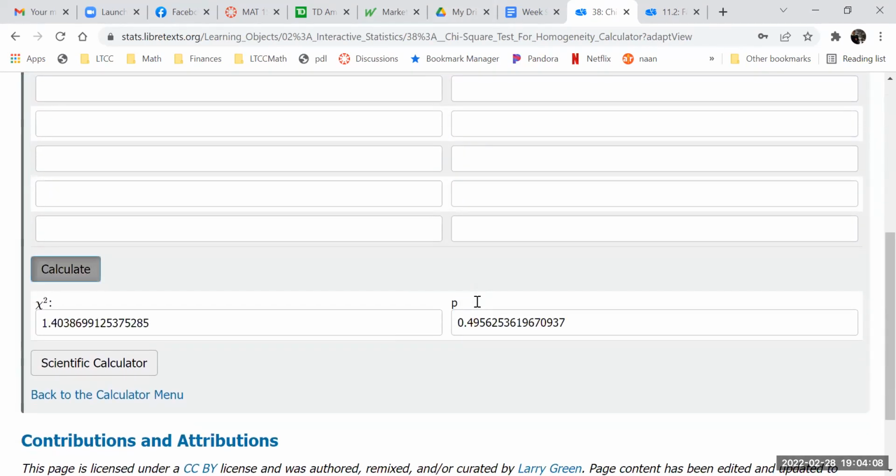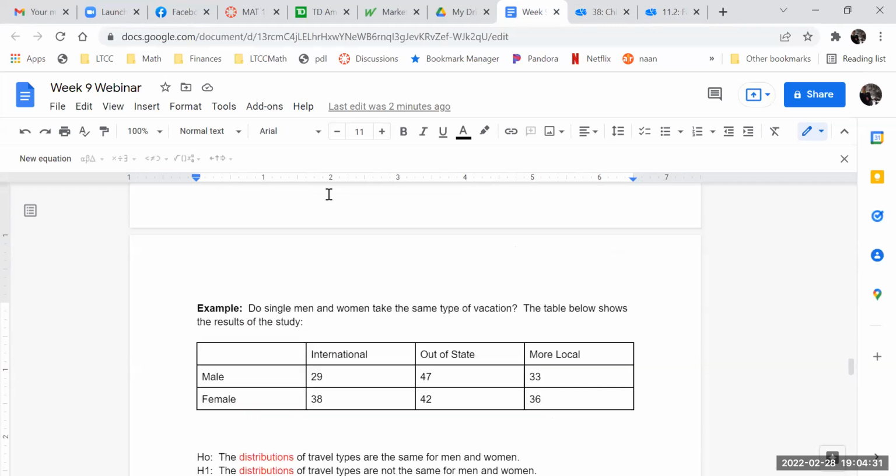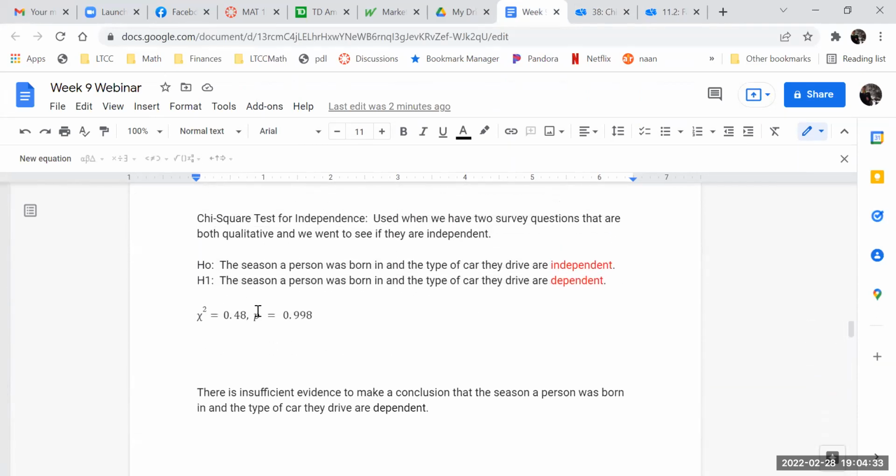Then I scroll and hit calculate. What do you notice? Yeah, not very significant. P is very high, about 0.5. Chi-squared is about 1.4. So just to make life easier, copy, paste, and change.